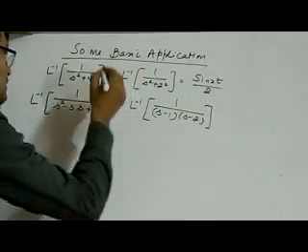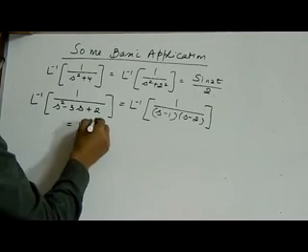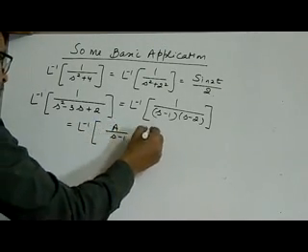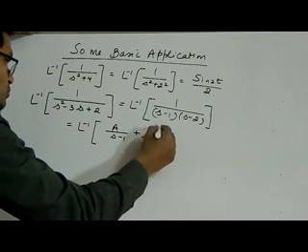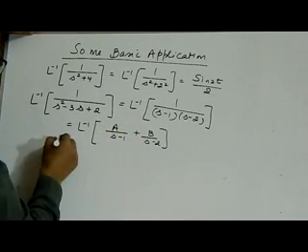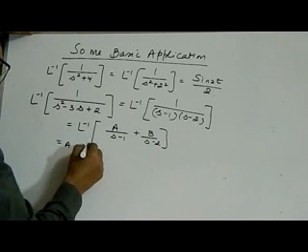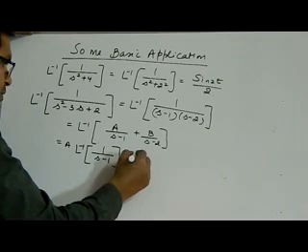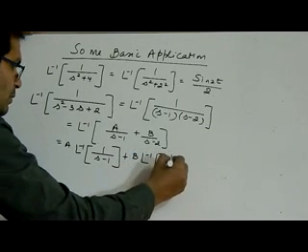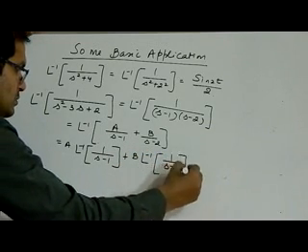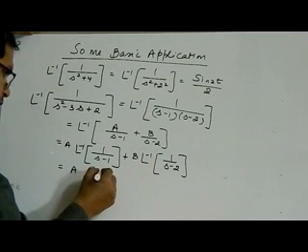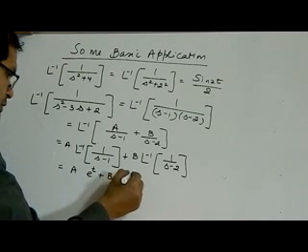Then we can write the partial fraction as a upon s minus 1 plus b upon s minus 2, where a and b are constants, so they can be brought outside the inverse transformation sign. It is a times L inverse of 1 upon s minus 1 plus b times L inverse of 1 upon s minus 2, which is a into e to the power t plus b into e to the power 2t.